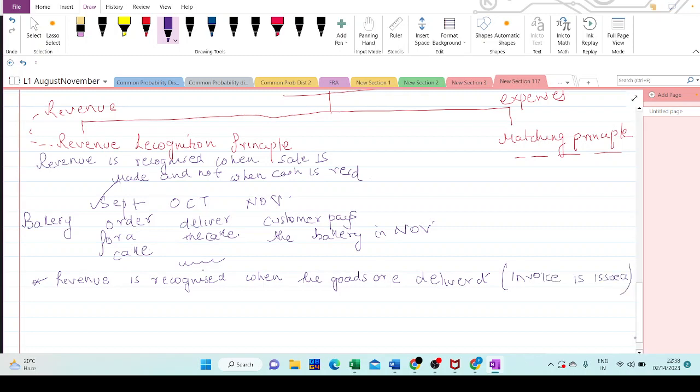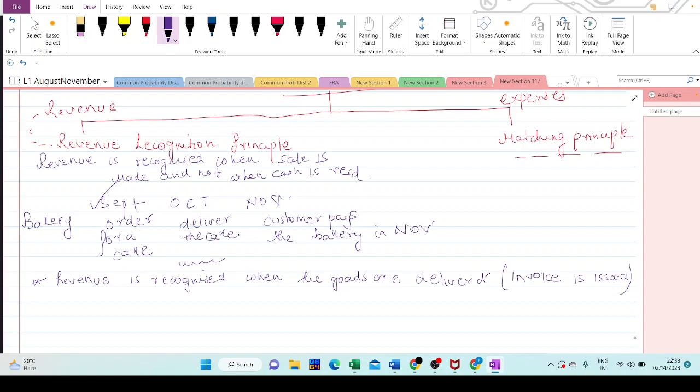So we order something from Amazon, right? Or not Amazon, let's say that we order a machinery from a company or from a factory. On the date of order, a purchase order would be prepared.